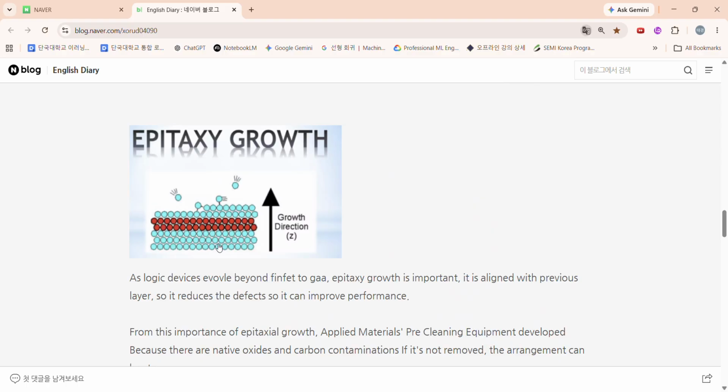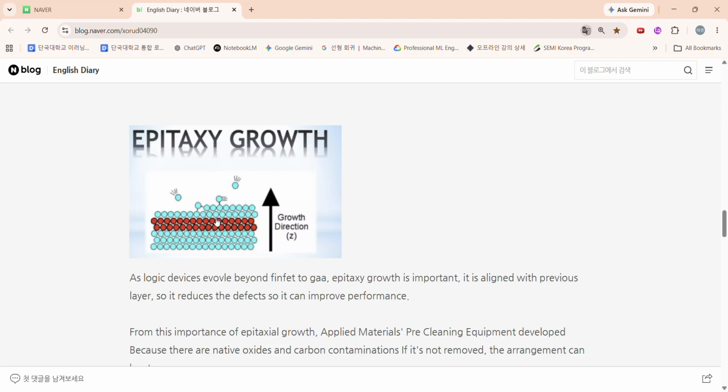Then silicon wants to bond with oxygen in the air. Even though we don't put in oxidant gas, it automatically makes SiO2. The combination between silicon and oxygen is formed on the silicon atoms.